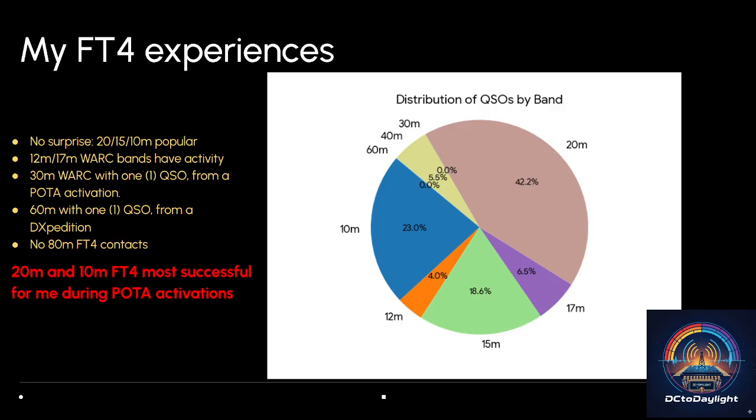You can get a ton of DX and activate a park almost right away, because if you just need the 10 contacts, you can knock those out really fast and then switch over to voice if the signal strength is strong enough.